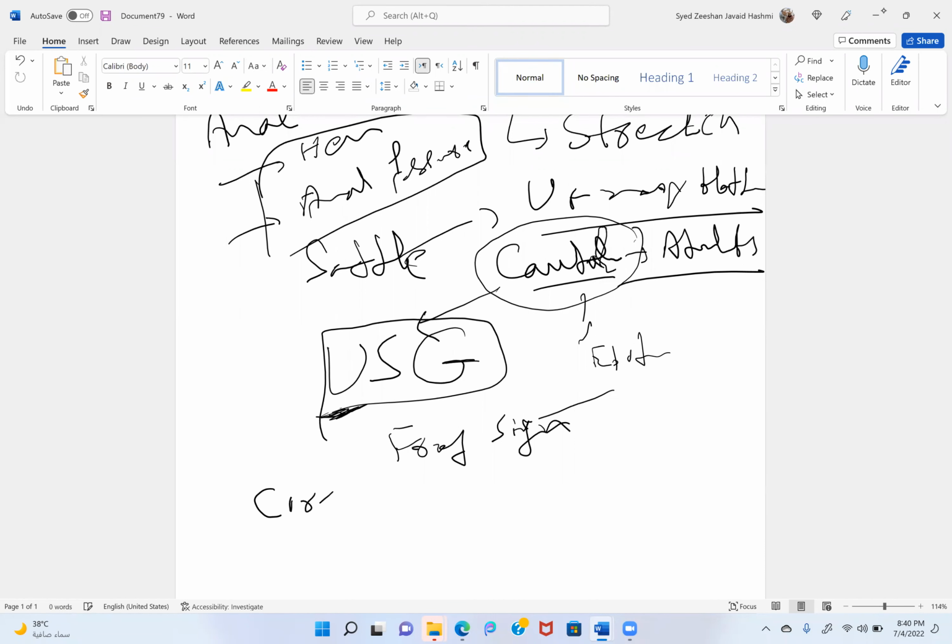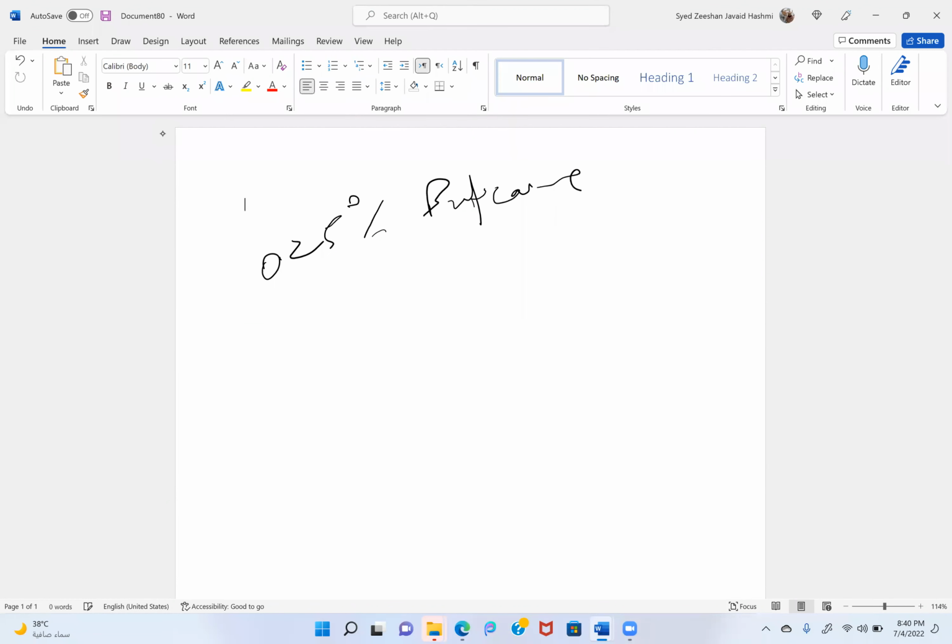For caudal, you should know the Armitage regime, which is weight based, and usually you are giving 0.25% bupivacaine. The other thing is the toxic dose, which is 2 mg per kg.